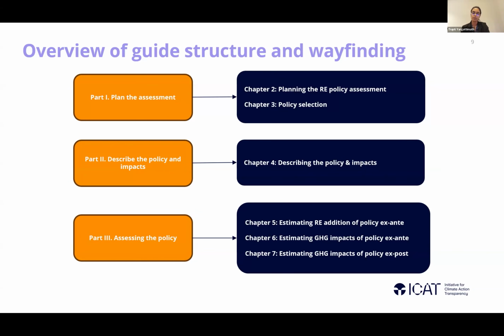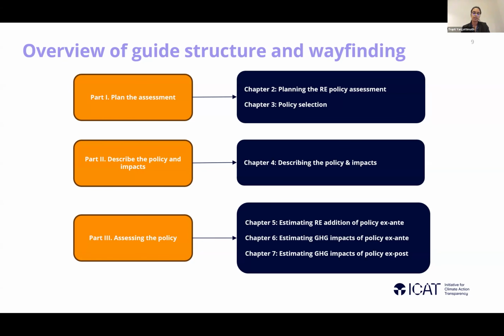Then it moves on to part 2, which supports users in clearly describing the selected policy, identifying intermediate effects and potential GHG impacts, how to develop a causal chain, defining assessment boundary and period, all of this while taking into account interactions with other policies.